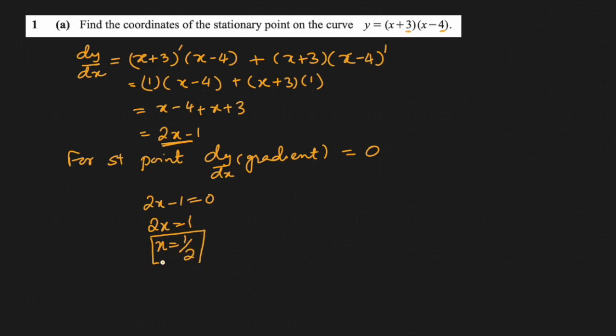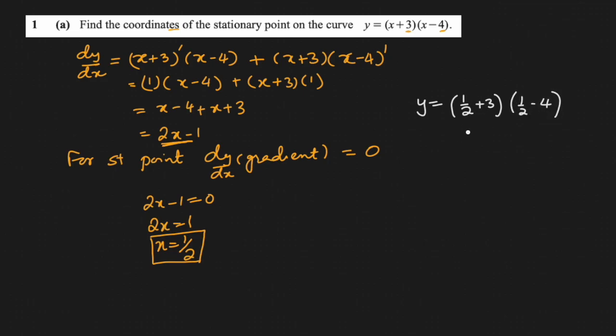This is the stationary point's x coordinate, but they said coordinates, that means we need the y coordinate as well. So we can find the y coordinate by substituting this half in the equation of the function.